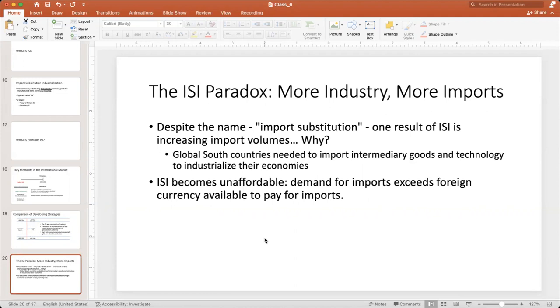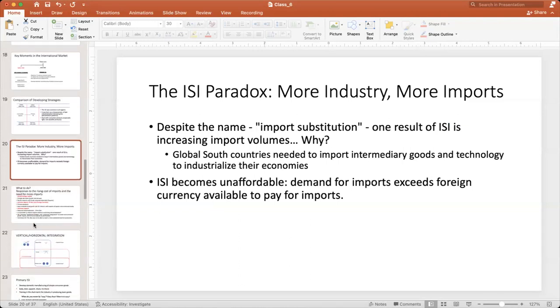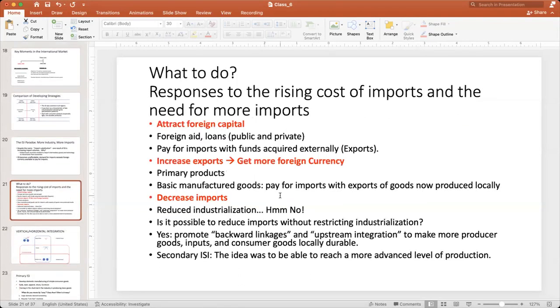Because of that, import substitution industrialization becomes unaffordable because the demand for imports exceeds the foreign currency available to pay for imports. So what to do? You need to import more, but you want to block the international market. You need to import, but you have to pay in foreign currency, because remember from the last classes, you cannot pay imports with your national currency.